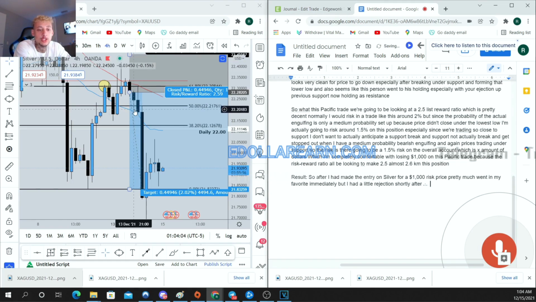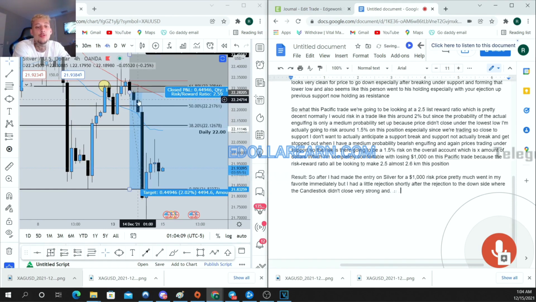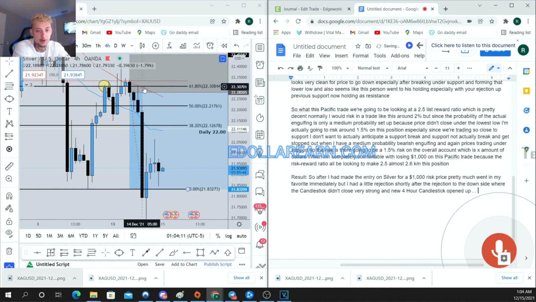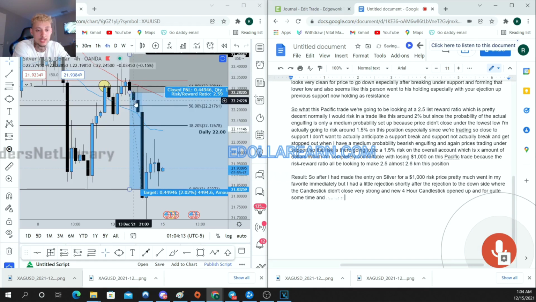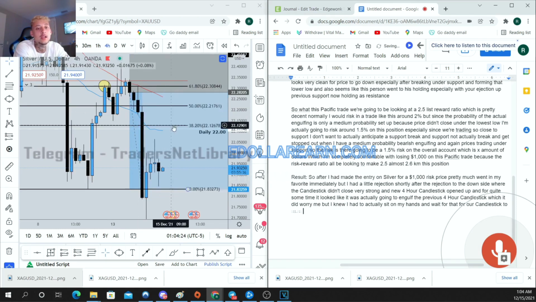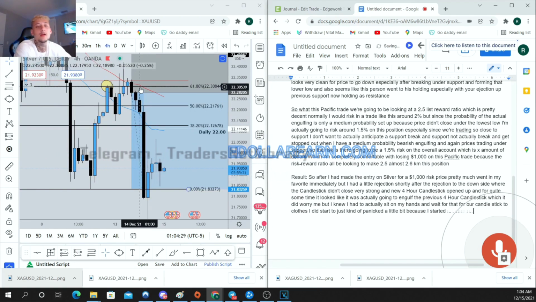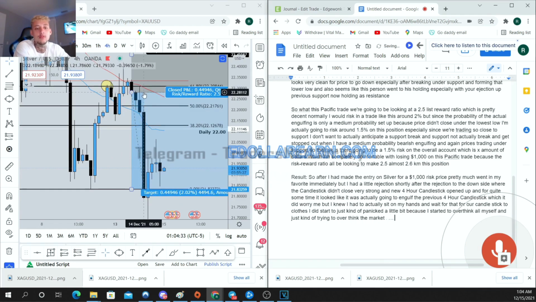Shortly after the rejection to the downside, where the candlestick didn't close very strong, a new 4-hour candlestick opened up, and for quite some time it looked like it was actually going to engulf the previous 4-hour candlestick, which did worry me, but I knew I had to actually sit on my hands and wait for that 4-hour candlestick to close. I did start to panic a little bit because I started to overthink the market while waiting for that 4-hour candlestick to close.